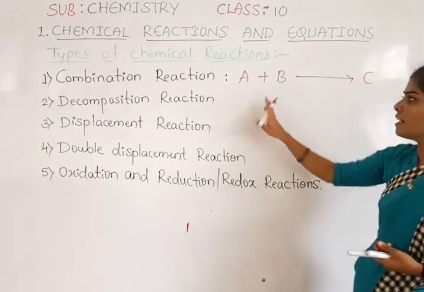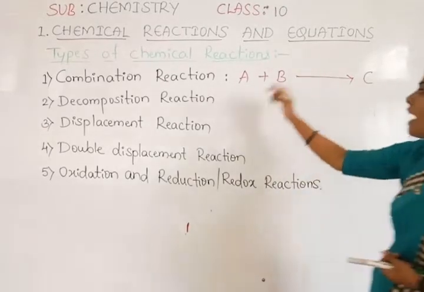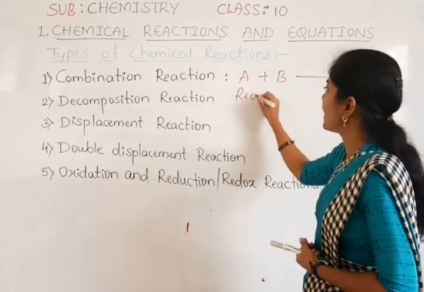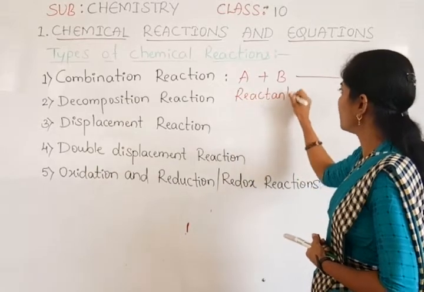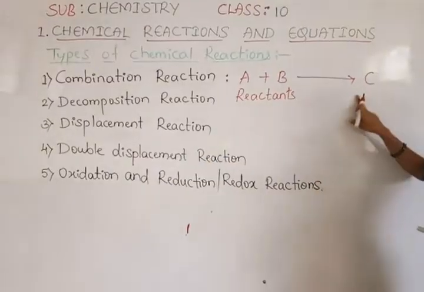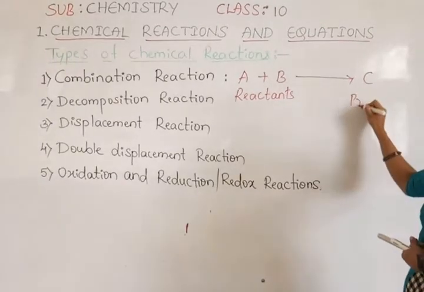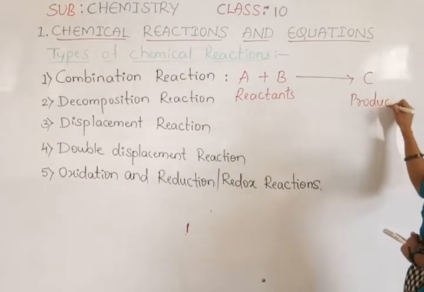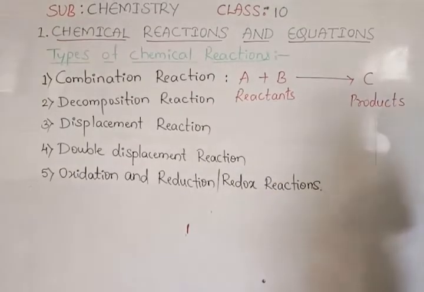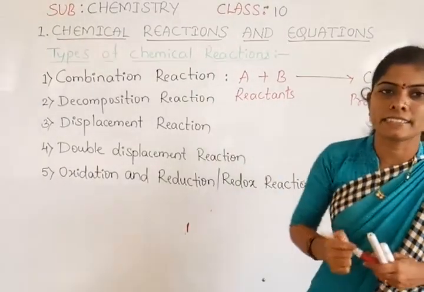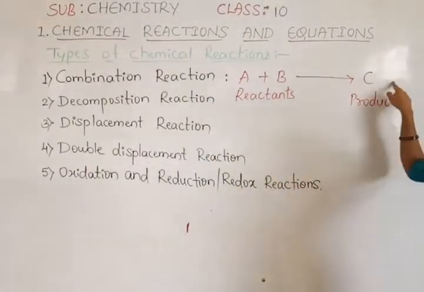Here A and B are nothing but the reactants, and C is the product. Only a single product has formed here. Whatever substances we write on the RHS, the right hand side, they are products.